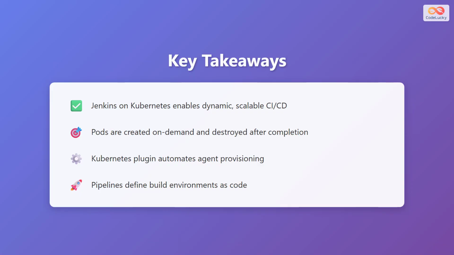The Kubernetes plugin handles all the complexity of agent provisioning, communicating with the Kubernetes API to create and manage build pods without manual intervention. Finally, pipeline definitions written as code in Jenkinsfiles specify the exact build environment needed, ensuring consistency across all your builds and making your infrastructure reproducible and version controlled. This modern approach to continuous integration and continuous deployment empowers teams to deliver software faster while maintaining quality and reliability.